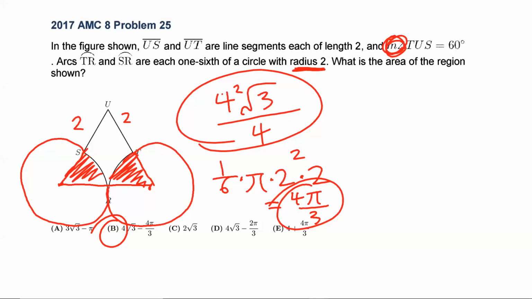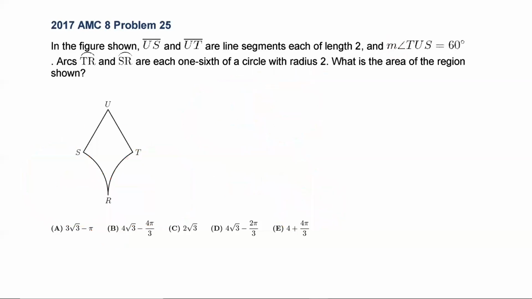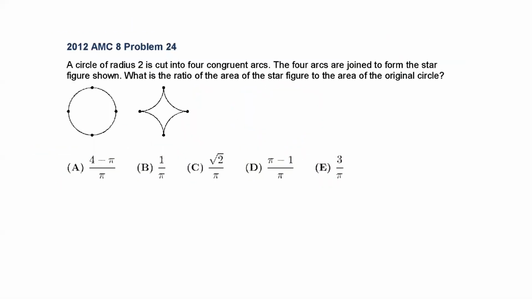Okay, so moving on. A circle of radius 2 is cut into 4 congruent arcs. The 4 arcs are joined to form the star figure shown.